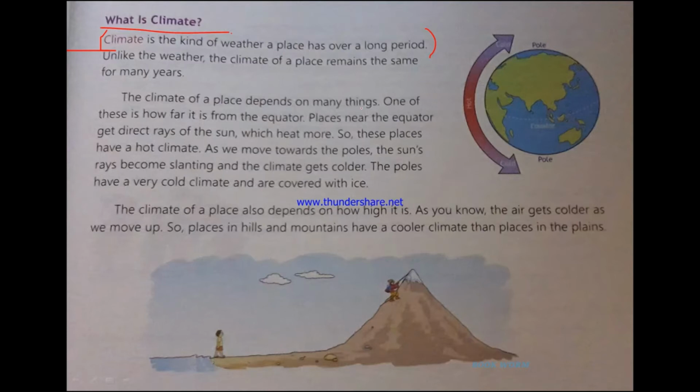Suppose in a place it is very hot. Like in the desert areas, we know it is very hot and dry. So when we talk about the climate of the desert area, we say it has a hot type of climate. It's not that it never rains in the desert.